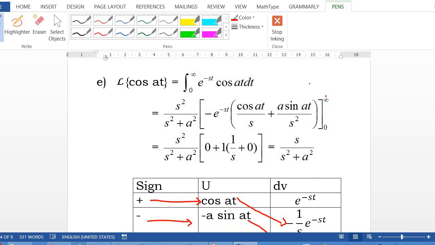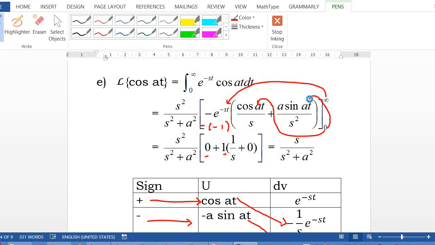And then again, when you substitute t by infinity, exponent negative s infinity gives 0. When you substitute t by 0, you have minus exponent 0, which is 1, so minus negative 1 becomes positive 1. Then cos 0 is 1, so 1 over s.